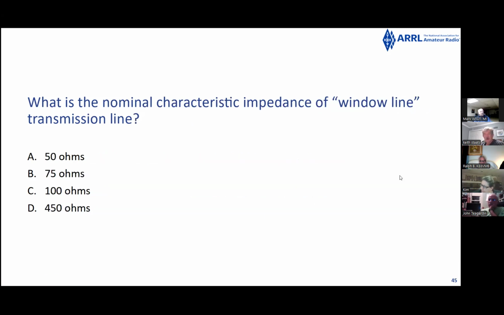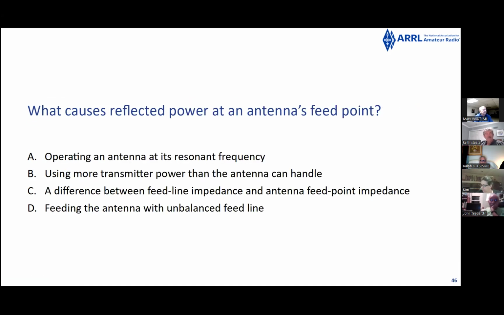What is the nominal characteristic impedance of window line transmission line? 50 ohms, 75 ohms, 100 ohms, 450 ohms. 450 ohms. I remember that one. Yep, I remember that one too. What causes reflected power at an antenna feed point?